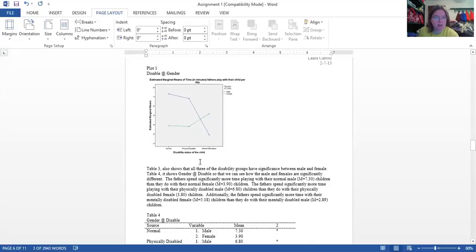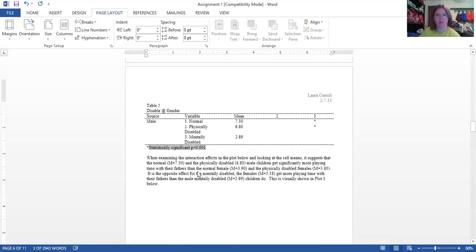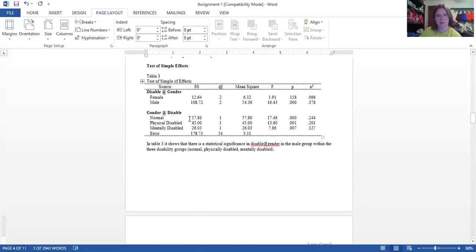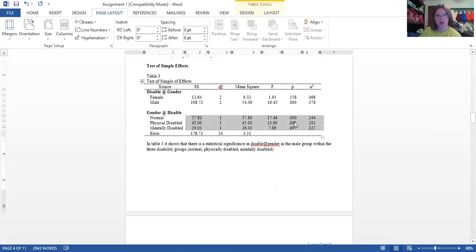But in table 3, it also shows that all 3 of the disability groups have significance between the male and the female, so you can see how it changes. So when we look back up at the gender at disabled, which is this here, you can see all 3 of them are significant.